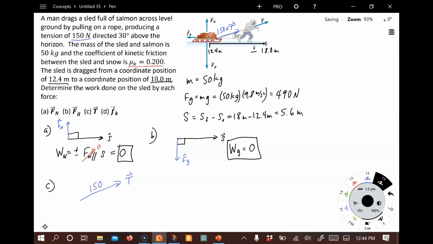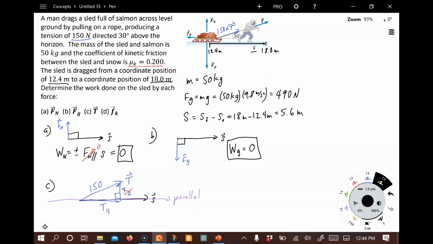And I'm going to draw the displacement vector again exactly as it appears. There it is, S. Now in this case, I do need to figure out the parallel component of the tension. So here's the T parallel, which we care about. Here's T perpendicular to the displacement, and of course we don't care about this.